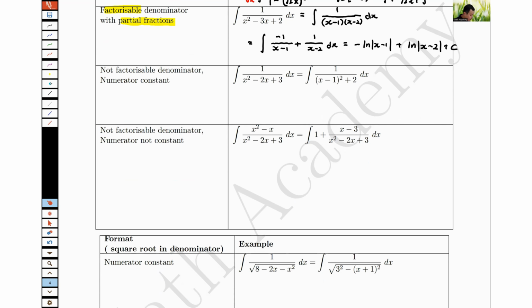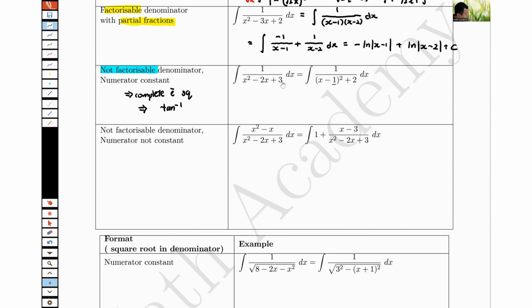If then it's the other way around, not factorizable. If your denominator cannot be factorized, your top is a constant, then you want to complete the square. You are completing the square so that you aim for the tangent inverse formula. Completing the square gives you something quadratic.